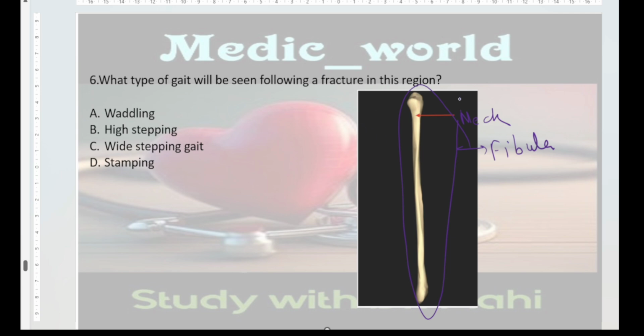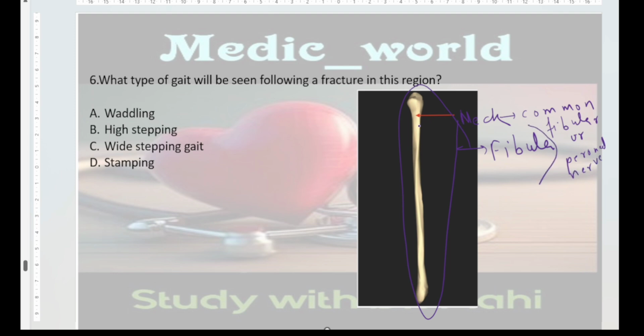If there is an injury around the neck, there is a nerve called the common fibular or peroneal nerve.